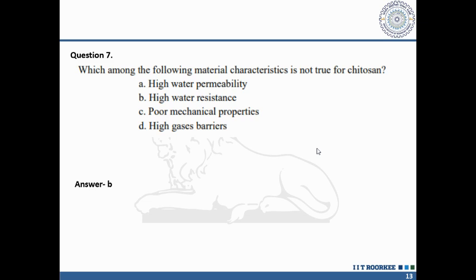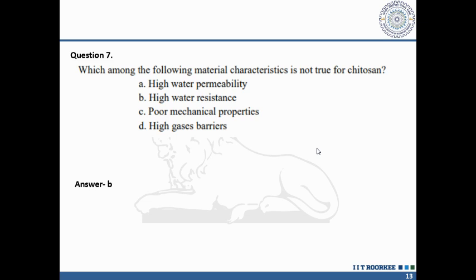If it is my packaging material, and inside O2 is lower and outside is 21%, after some time, if the concentration is not changing, it has a high gas barrier. Whether from inside or outside, gas is not going through, and the gases inside are also not changing.